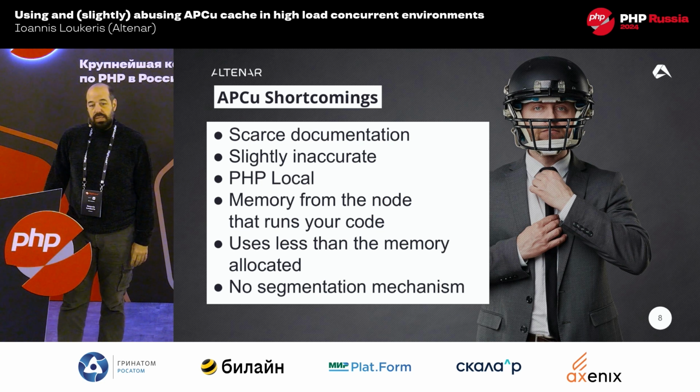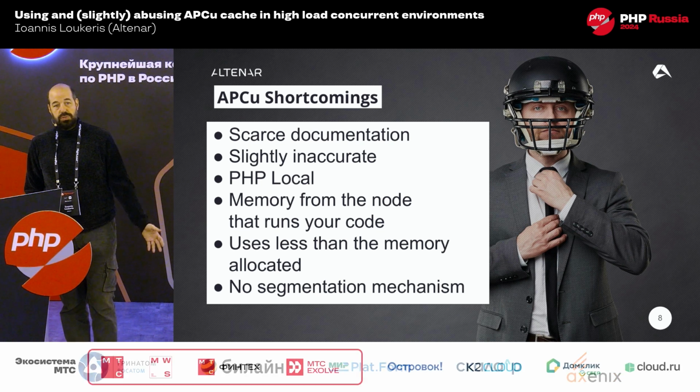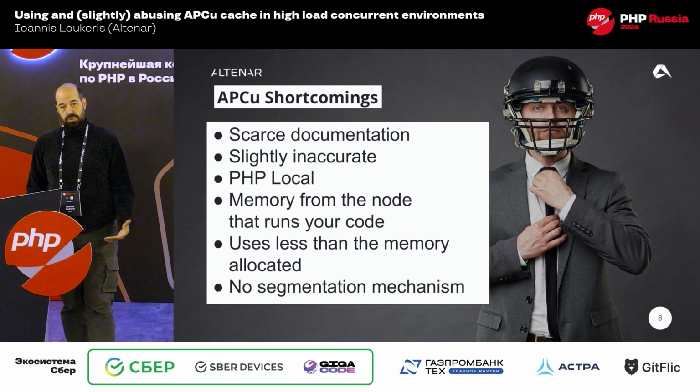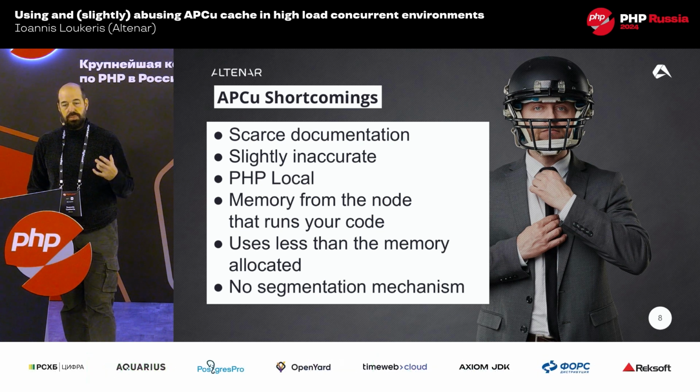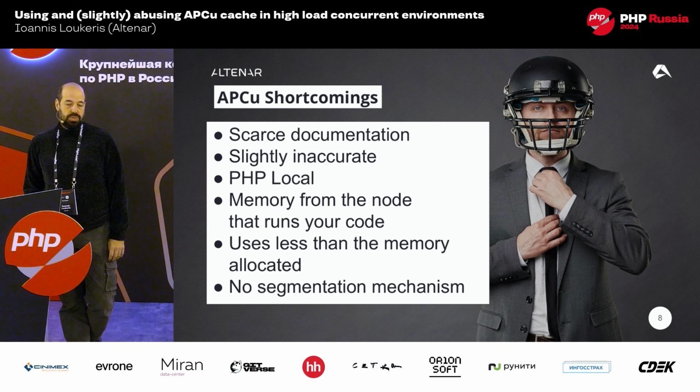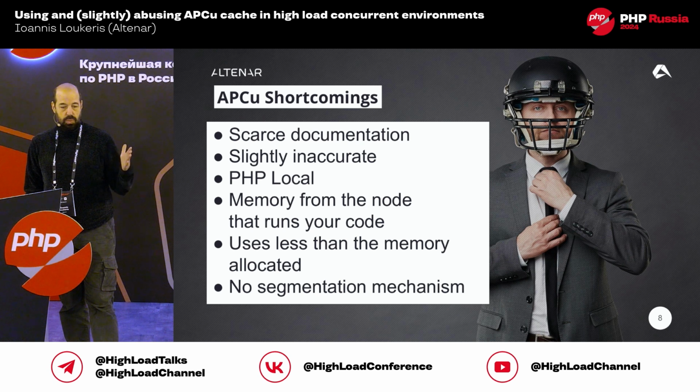Sometimes you may say use X amount of megabytes, and depending on your data and how things are configured, it will not use this amount of megabytes. So you will have less available cache than you think you have. We will discuss this later. And finally, there is no segmentation mechanism, in the sense that it's one block of cache.